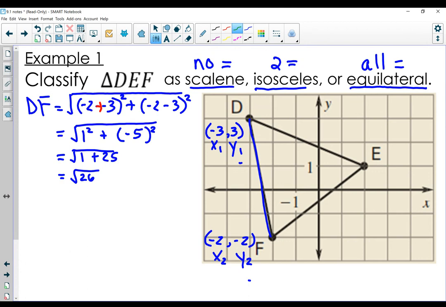Now I'm going to look at DE. You might be thinking that you have a different or an easier way to solve right now. This should really seem a lot like the Pythagorean theorem. Let's think about the Pythagorean theorem, if you recall, is c squared equals a squared plus b squared, where a and b are legs and c is the hypotenuse.